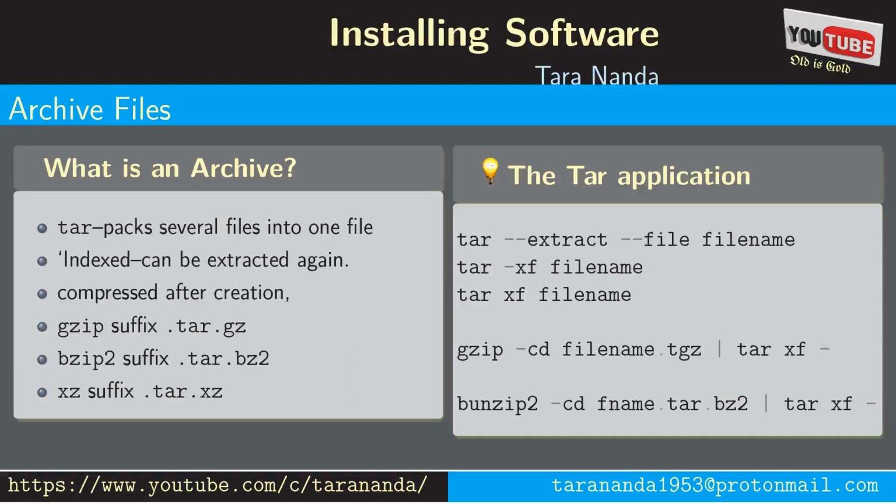Files compressed with gzip have endings in .tar.gz or .tgz. Then there is bzip2 with suffix .tar.bz2 and occasionally xz, suffix .tar.xz.